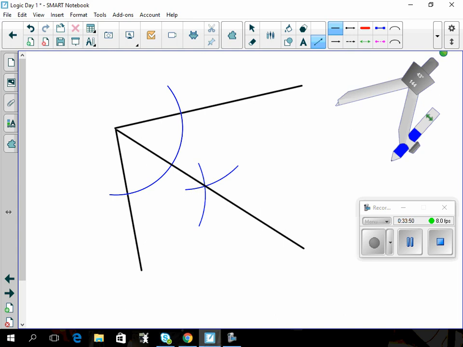I would like to also show you on TestNav what the compass tool looks like, because it looks a little bit like the ones that you're using right now. So once you've completed your bisect the angle, I'm going to pull up the geometry tools and we're going to bisect an angle. I'm going to try to find a question here.